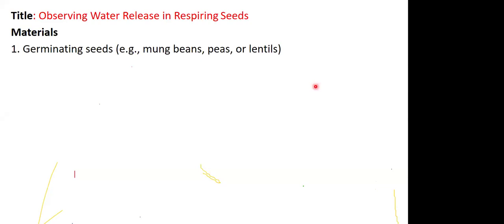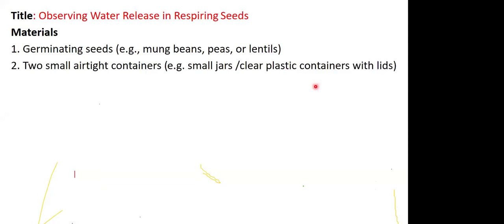So you can use any seeds of your choice. Then you need two small airtight containers, okay? So why two? Because you need a control. One of them will serve as a control, okay? And they should be clear, ones where you can see through them, okay?